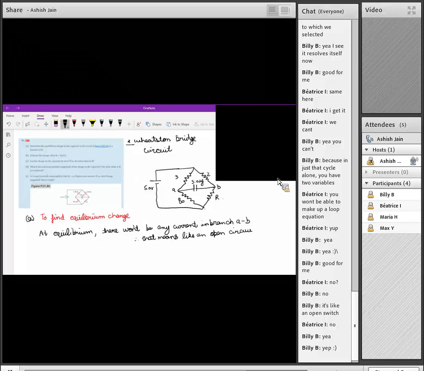Okay, I have written a statement here. I hope you all agree. At equilibrium, the capacitor is fully charged. It behaves like an open circuit. There's no current flowing in branch AB. I hope it makes sense. If it is, I'll move ahead.